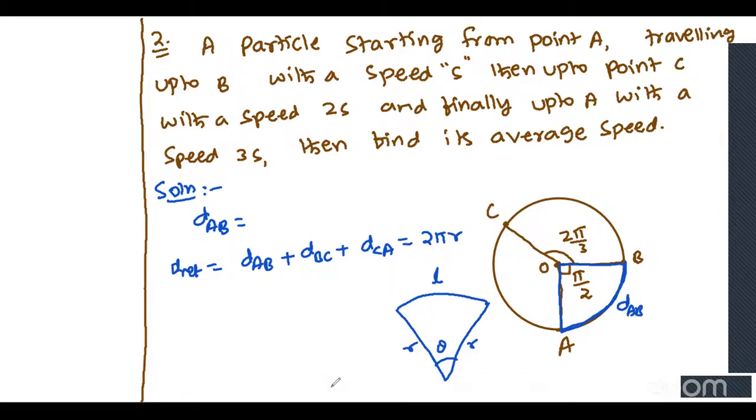So length of arc equals r theta. Similarly, distance of AB, can I say, is r into theta, where the angle is pi by 2? Similarly, distance of BC is r into 2 pi by 3.